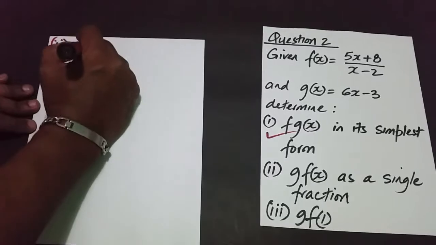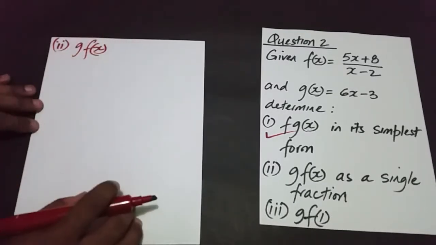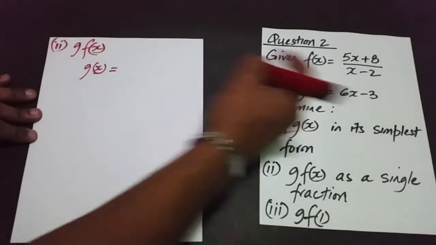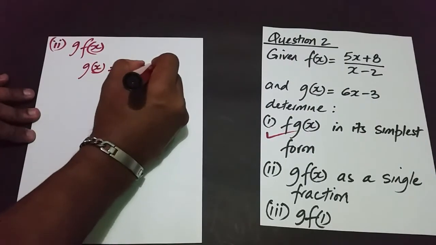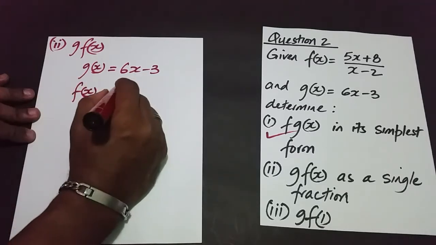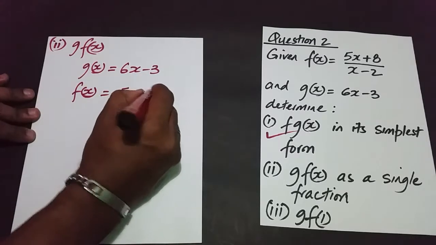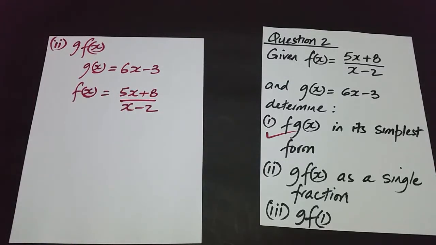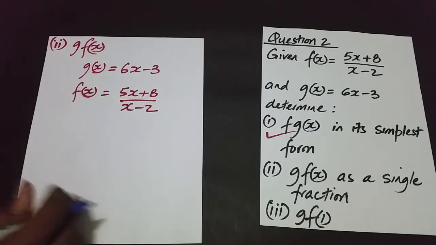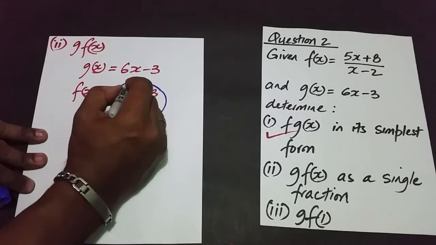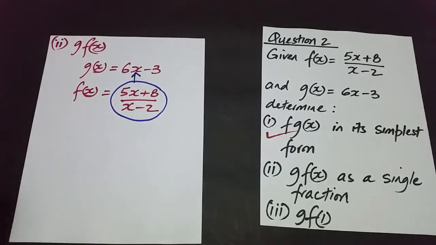So g of f of x would imply that the mother kangaroo is g of x, and g of x is simply 6x minus 3, and the baby kangaroo is f of x. In this particular case, this baby is a massive one, and this is going to jump wherever the pouch is, which means wherever x is in the mother function. So all of this here is going to go wherever x is.